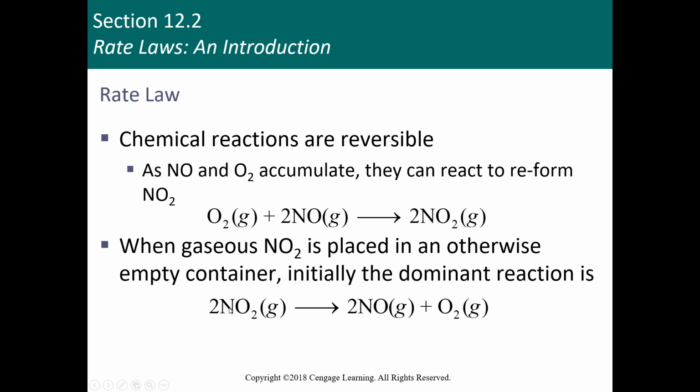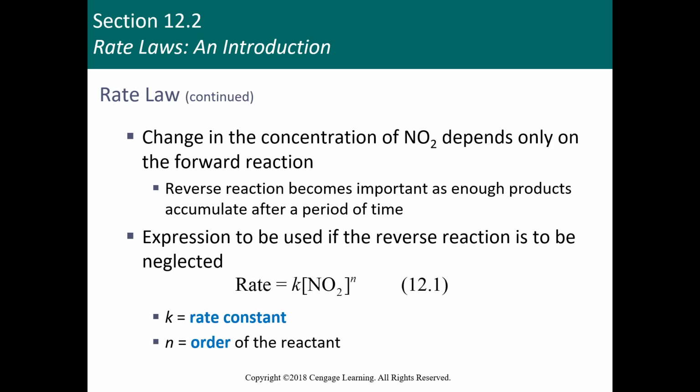But what happens as this reaction progresses? Well, as this reaction progresses, you're going to have more and more NO and O2. And that means this reaction will start catching up. So the change in the concentration of NO2 depends only on the forward reaction.